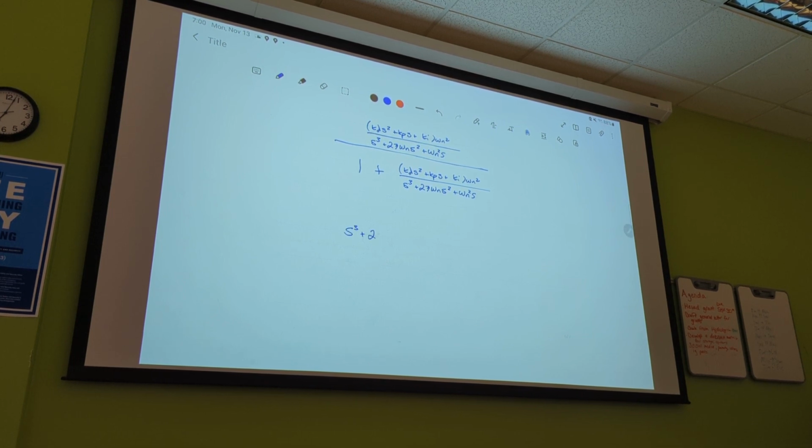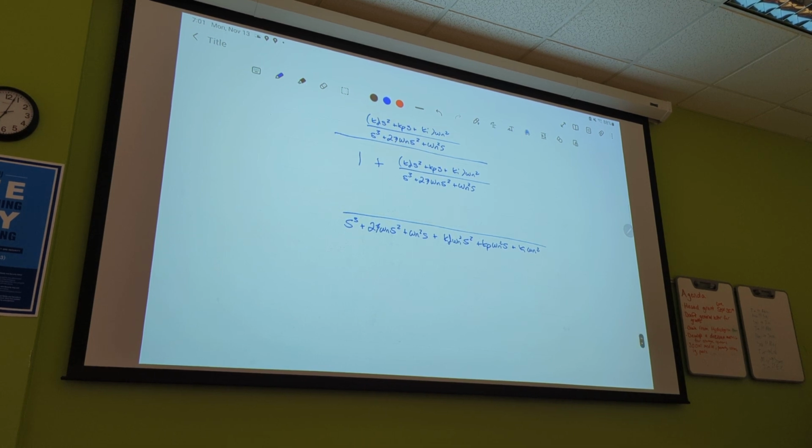s cubed plus 2 zeta omega n s squared plus omega n squared s plus kd omega n squared s squared plus kp omega n squared s plus ki omega n squared, over... I'm going to go ahead and put the omega n squared in here, plus ki omega n squared.